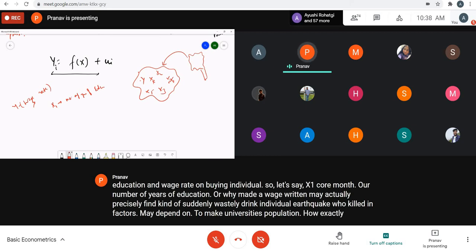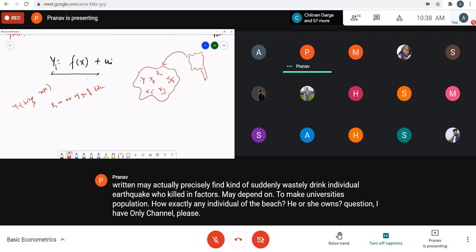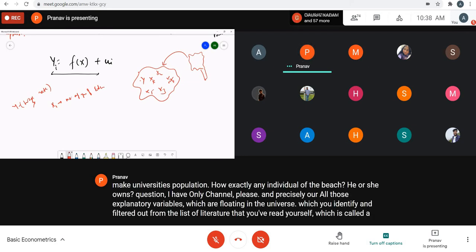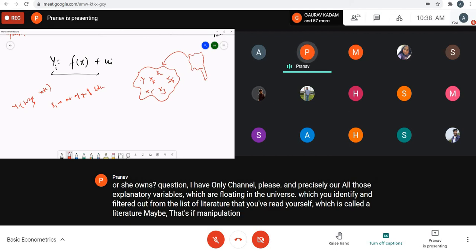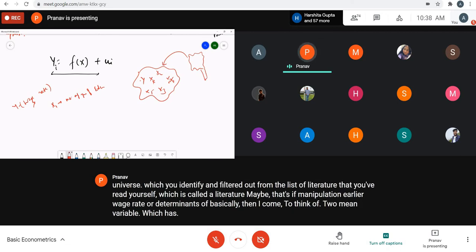How exactly does an individual earn the wage he or she earns? This question came to my mind and I went to read books. I read a lot of research papers, and many people say many things, and I will not be able to test everything. Precisely, all those explanatory variables which are floating in the universe, which you identify and filter out from the list of literature that you have read yourself, is called a literature review. So let's say I have read the whole literature on wage rate and the determinants of wage rate, then I come to think of two main variables which have a certain effect on the wage rate earned by an individual.